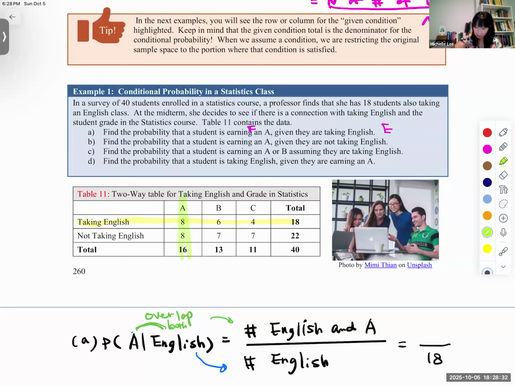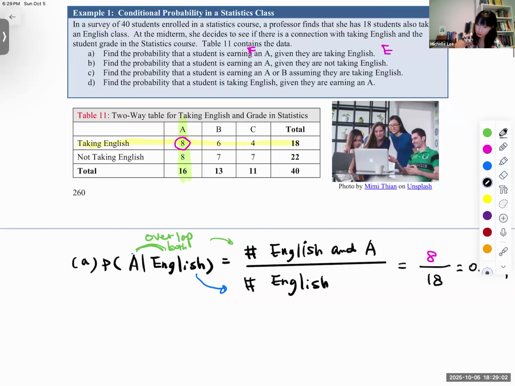The overlap is the part shaded with both colors, so the number is 8. Now, can you please calculate? 0.4444. Yes, thank you.